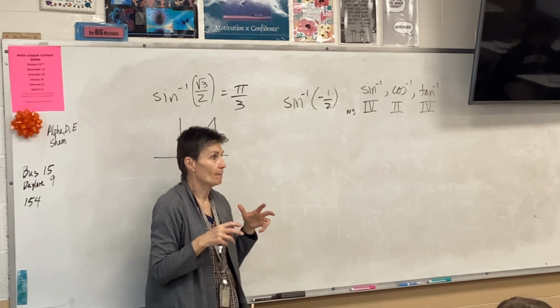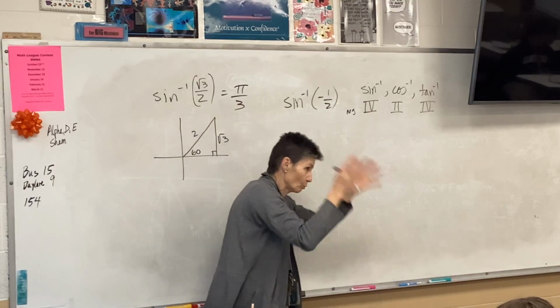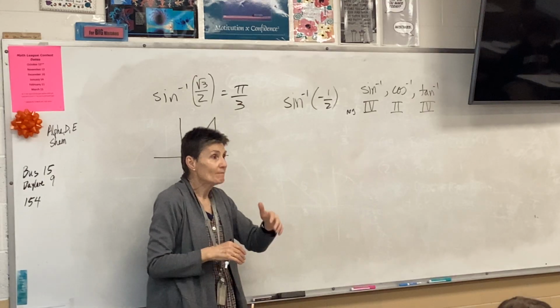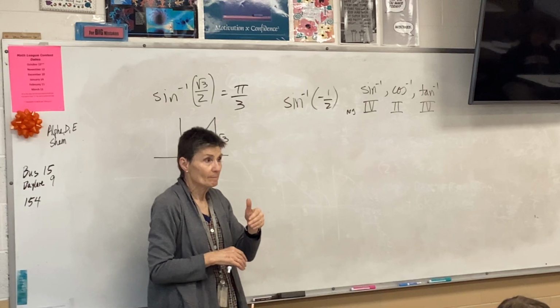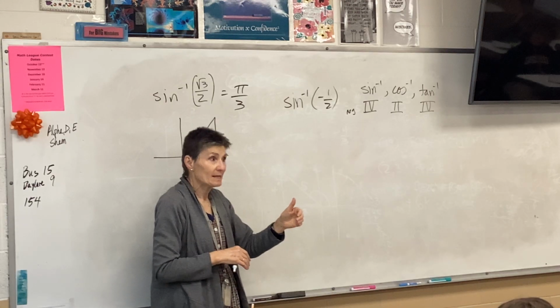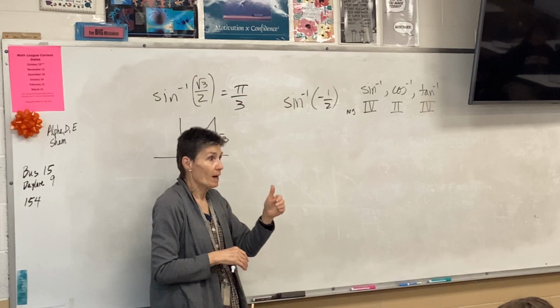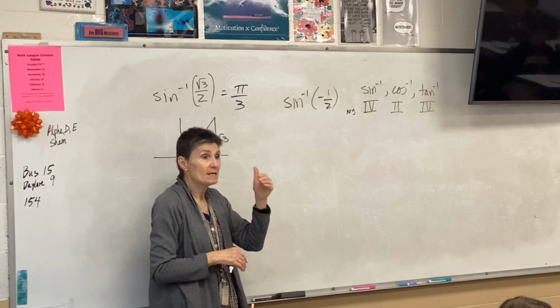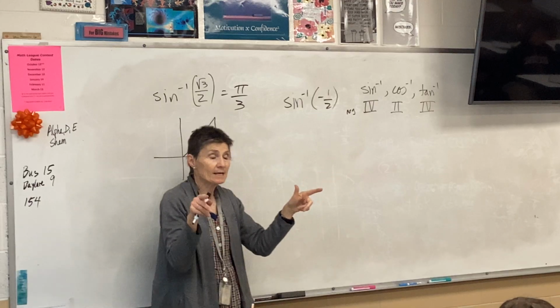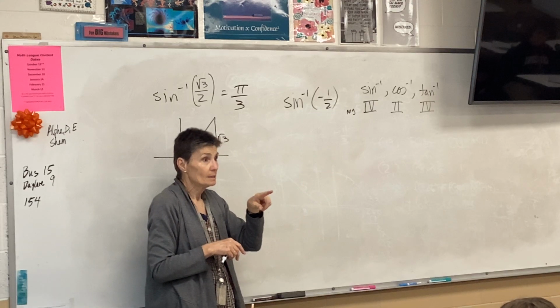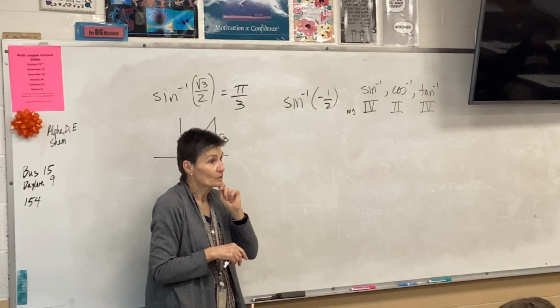I did not make this up. These are the rules. There is a very clear graphical reason for this, but I don't have time today to get into it. You're going to memorize that if the inverse functions are negative, sine and tangent go to quadrant 4, and cosine goes to quadrant 2.